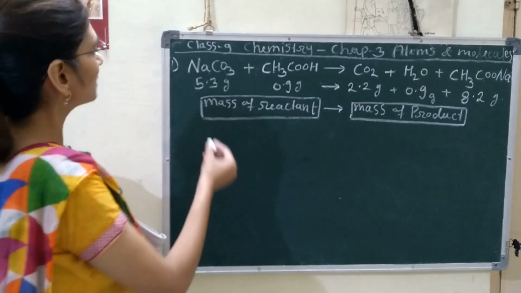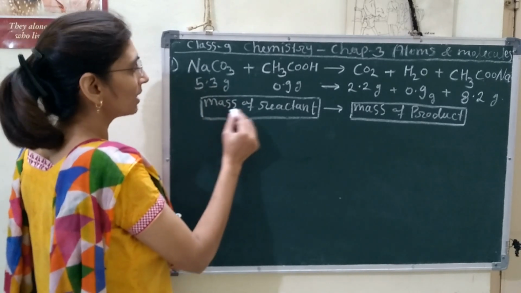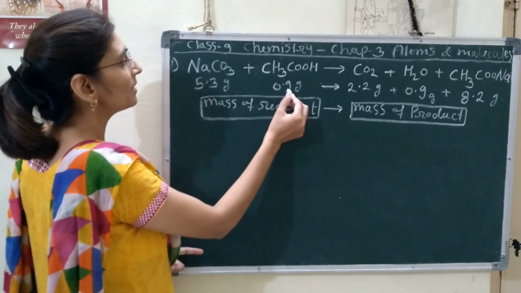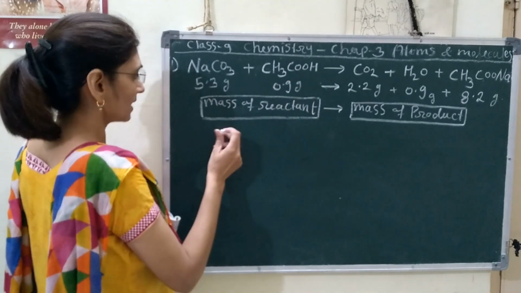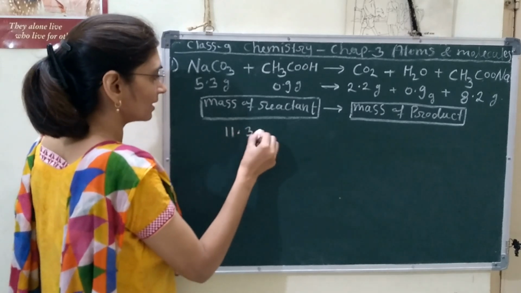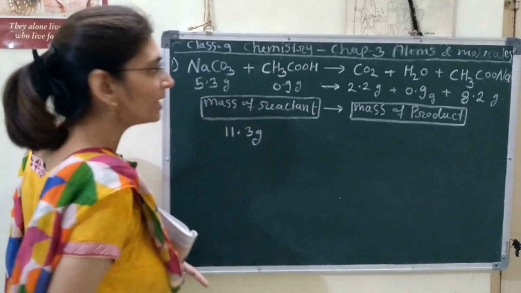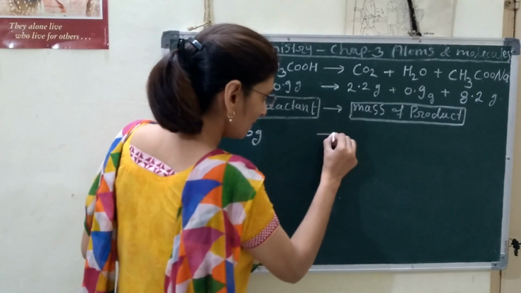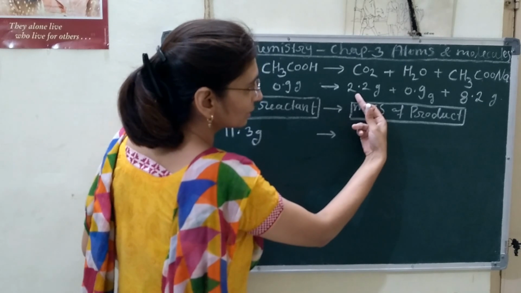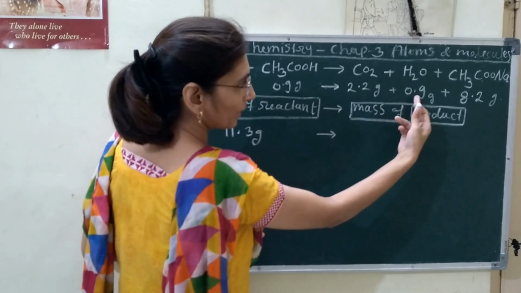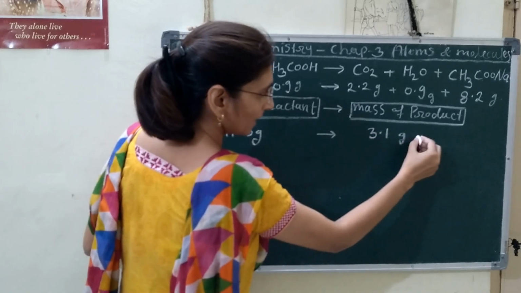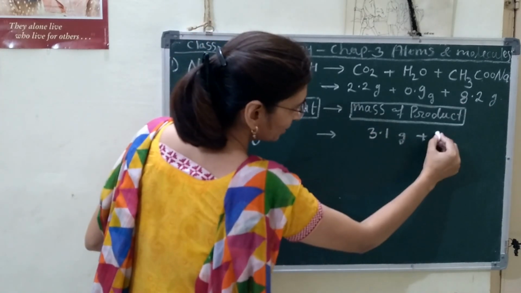So what will we do first? First we will take out the mass of reactant by adding 5.3 gram of sodium carbonate and 0.9 gram of ethanoic acid. Combined, we will get the value 11.3 gram by adding 5.3 and 0.9. And then for the mass of product we will calculate 2.2 gram plus 0.9 gram. It will give 3.1 gram. Again we will add 8.2 gram to it.